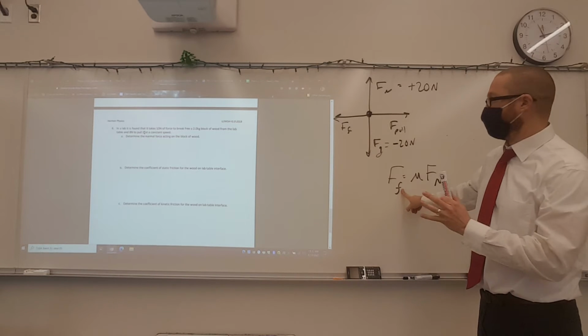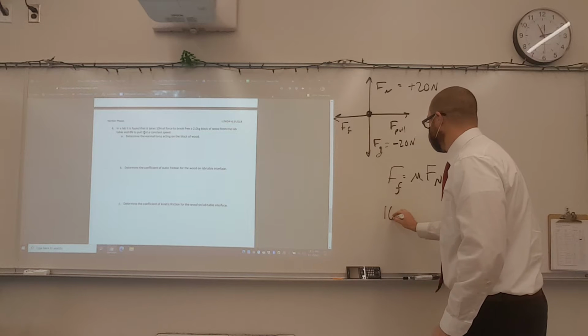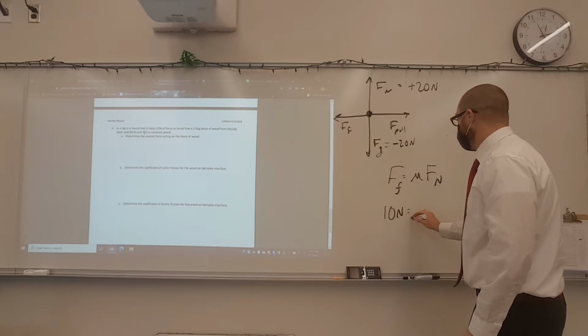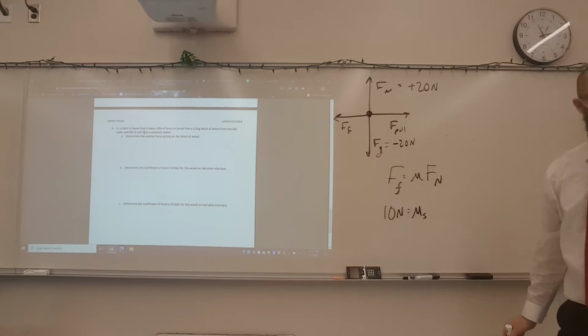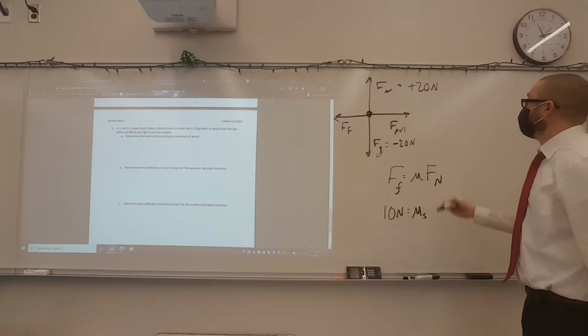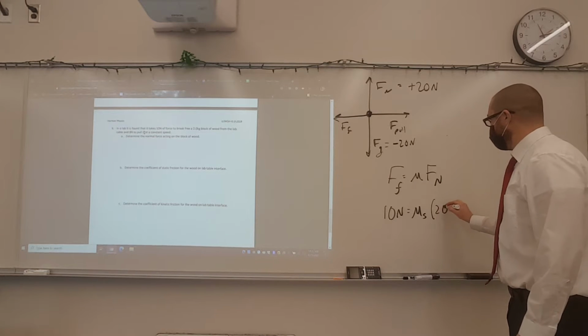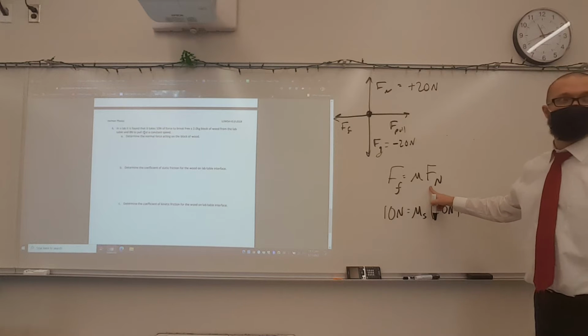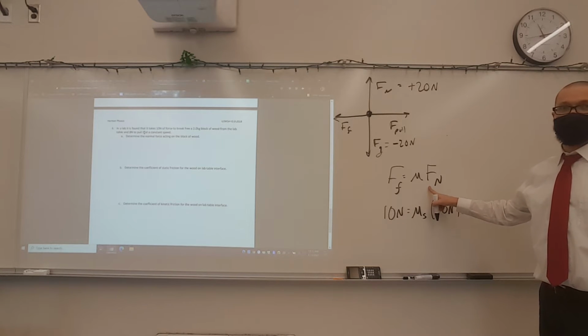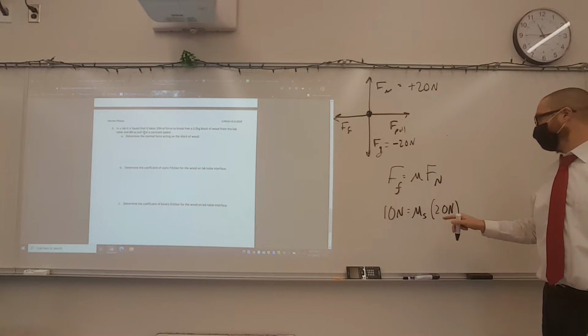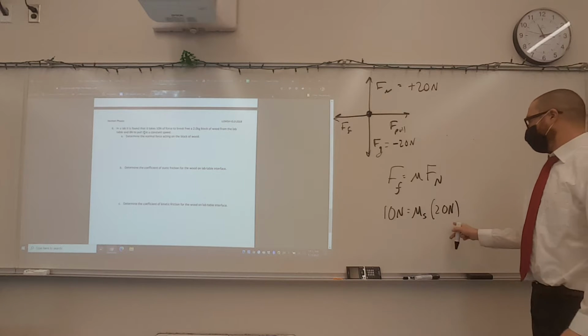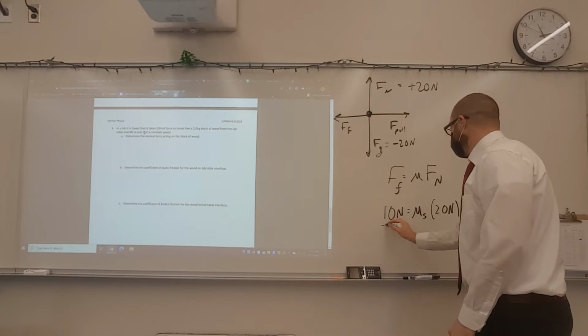That's how much it takes to break it free. So the force of friction here is 10 newtons to break it free. Coefficient is what we're looking for. The normal force is 20 newtons. And you don't need the sign on this. This is just the magnitude of the normal force, however big it is. So 10 divided by 20.